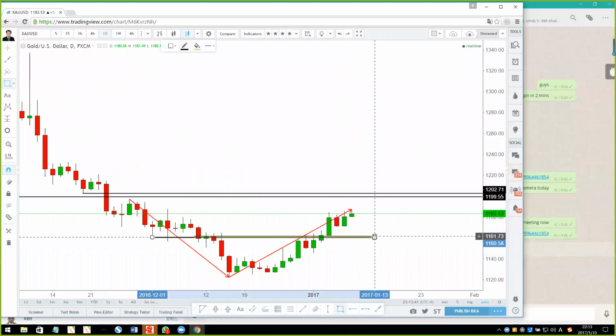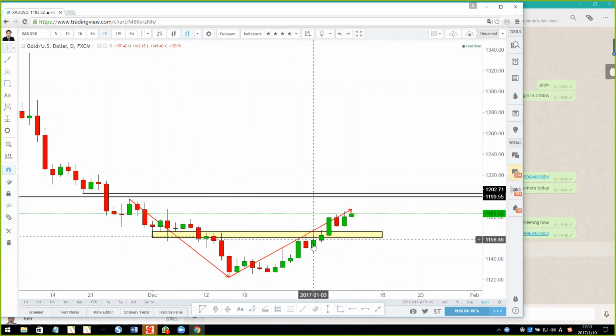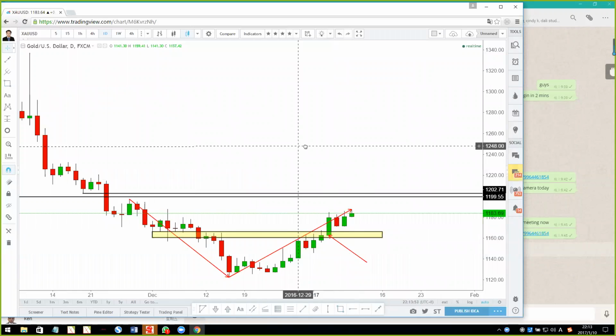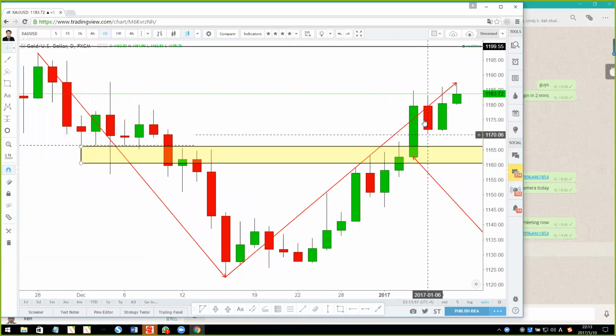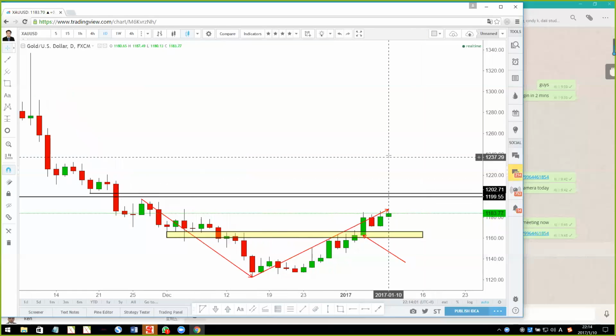After the first test, second test, third test not successful, this candle is very powerful for the gold, because if this candle breaks the structure, it tends to go up to the 1,200 level.